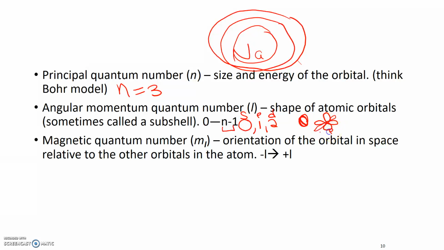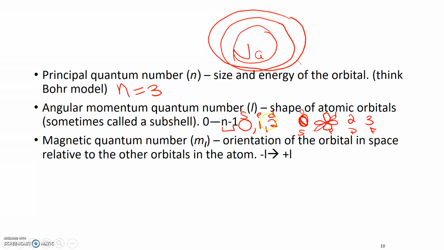I'm not going to even try to draw the D and the F, but this would be L of 0, this would be my L of 1, then D would be L of 2, and F would be L of 3.